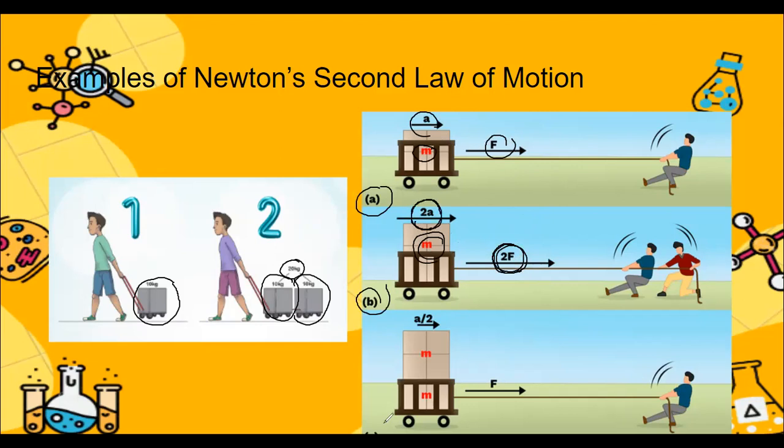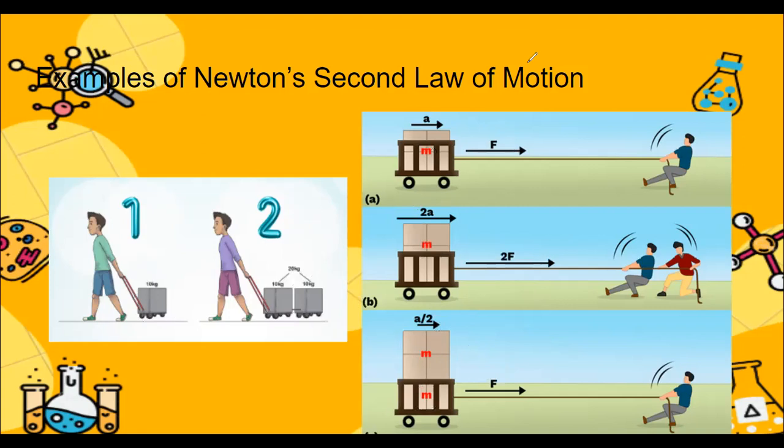For letter C, you have greater mass but lesser force being applied, which means lesser acceleration. That is our illustration for Newton's second law.